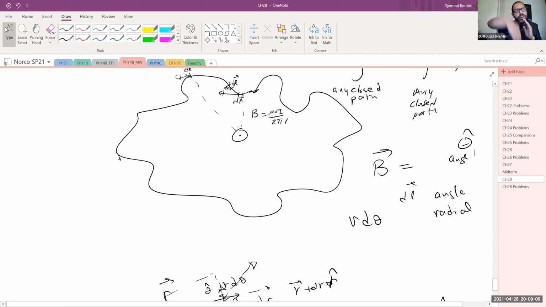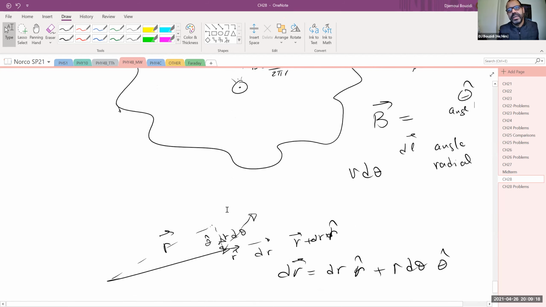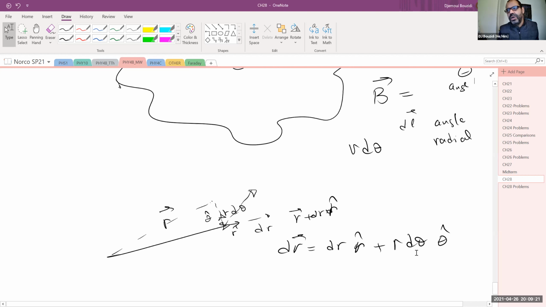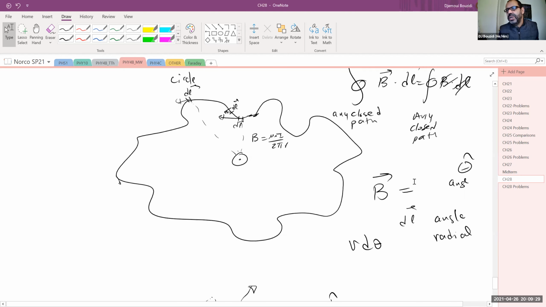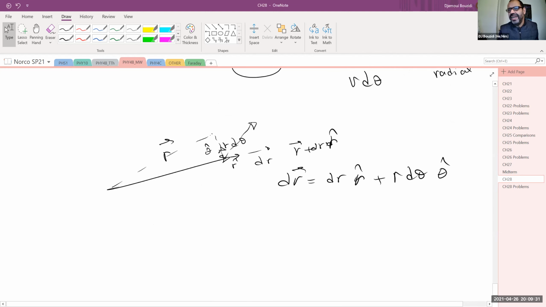I took two specific points, but if I took any other point, it would be coming down or coming out, and it is not true that the vector dL is only in the angular direction, the azimuthal direction, as it's sometimes called. It has both components, and this is stuff that you did in physics 4A. So now, if I do the dot product of the two, the only thing left is this thing. So this is the expression that we're going to find in this integration.